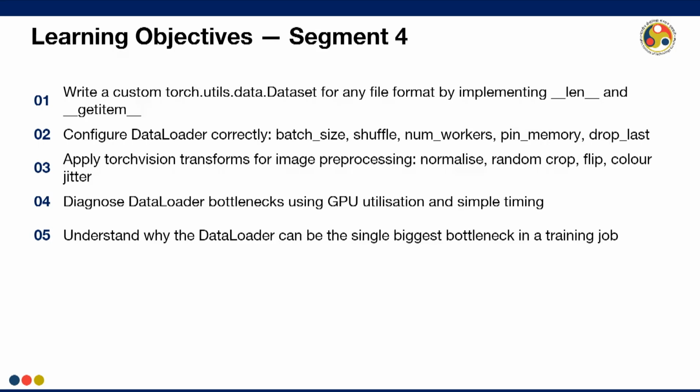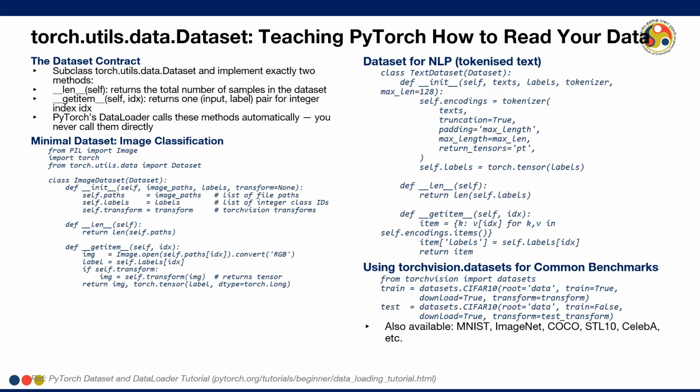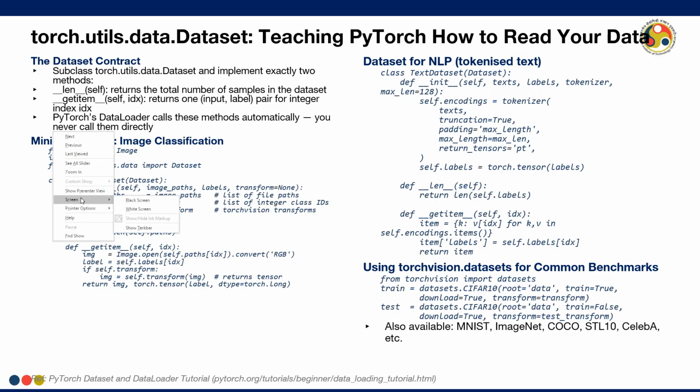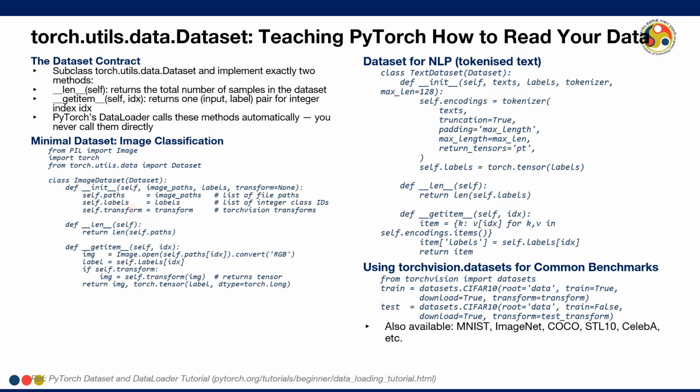What we were talking about is that a data set is a contract to implement exactly 2 methods: the len method and the get item method. These are the 2 main methods for your entire data set preparation, and PyTorch's data loader will call these functions automatically, so you do not need to call them.